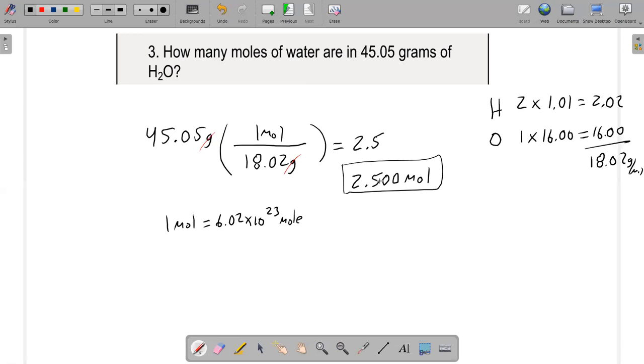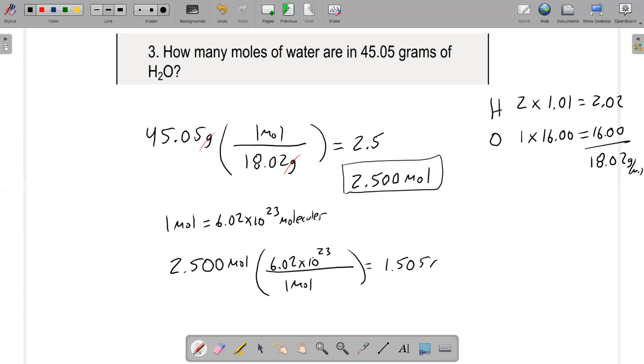So how many water molecules are actually present in 2.5 moles is the same as going 2.500 moles, and then Avogadro's number can be used as a conversion factor, where every mole is 6.02 times 10 to the 23rd. That gets you the number of molecules, 2.5 times 6.02, which is 1.505 times 10 to the 24th individual molecules. So this is how many individual molecules are present.